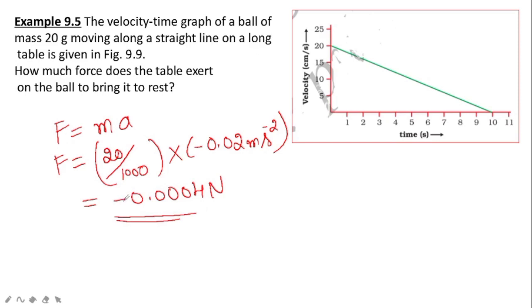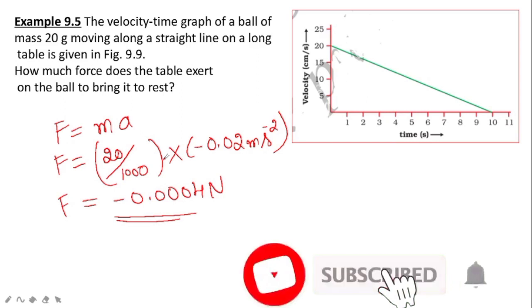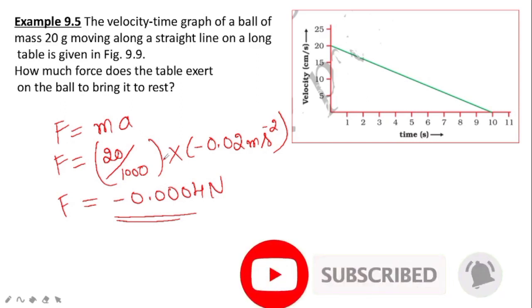But see here again the force value got negative. So as we have studied earlier, the negative sign in the force indicates what? It indicates that the friction force exerted by the table is opposite to the direction of motion of the ball. That means the ball is coming to rest. So this is the method of solving this problem.